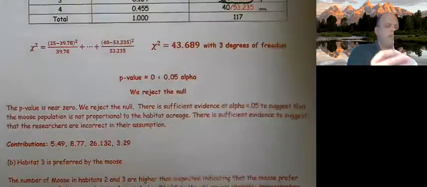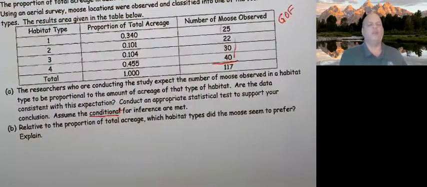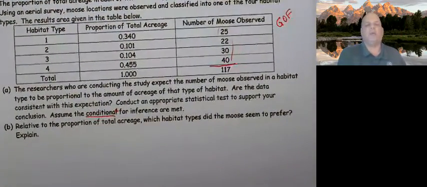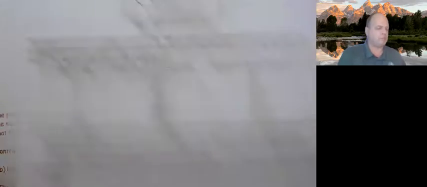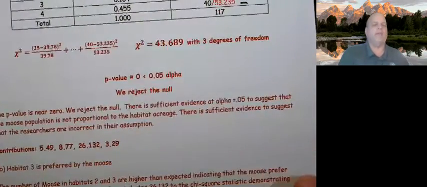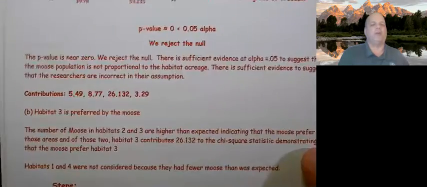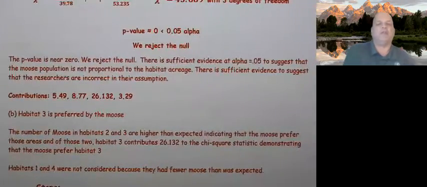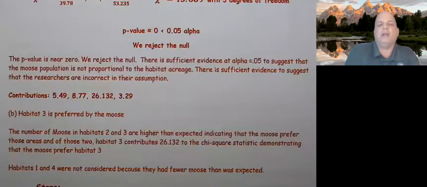Question part B says, relative to the proportion of total acreage, which habitat types did the moose seem to prefer? Explain. Well, here's what we have. Habitat 3 is preferred by the moose. The number of moose in habitats 2 and 3 are higher than expected, indicating the moose preferred those areas.